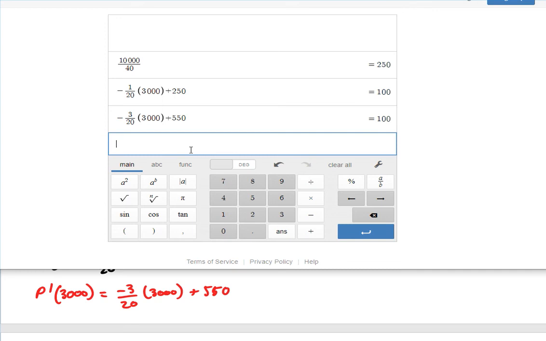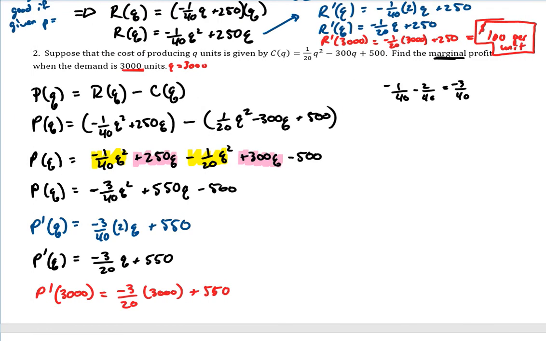And look at this. Okay, so this is a coincidence that this is the same 100. It just happens to work out that way. Okay, so don't assume this answer from above is the same as this answer right here. It just happened to work out that way. So this is P prime of 3,000 was $100 per unit.